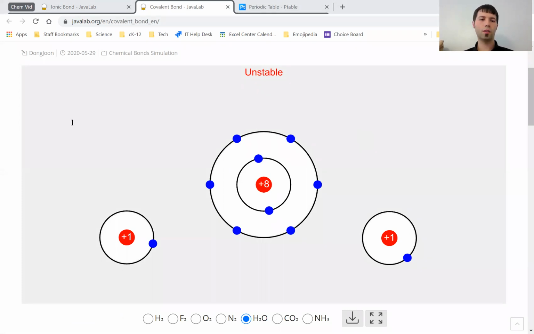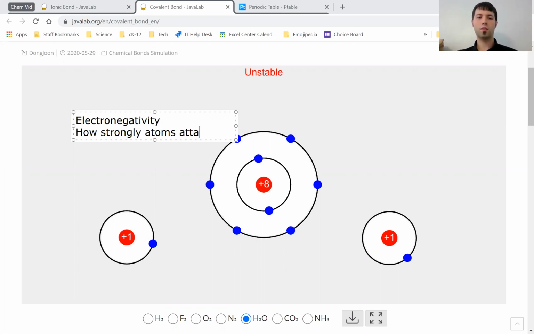Let me type that out for you. You'll probably see it on today's agenda. It's called electronegativity. Defined, electronegativity simply means how strongly atoms attract electrons.